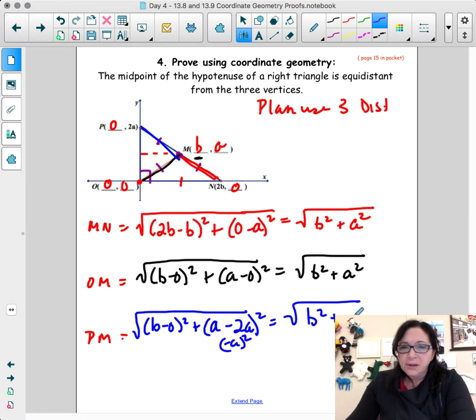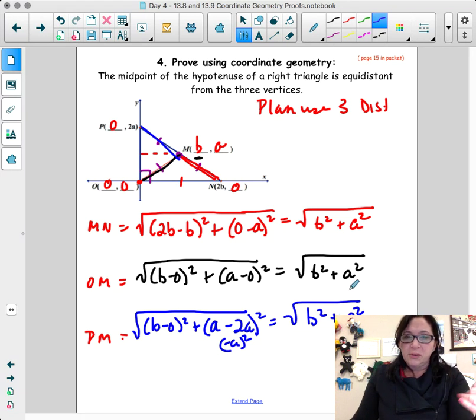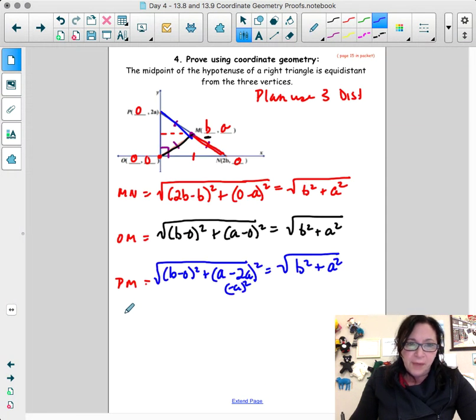Negative a squared is positive a squared. By the way, it's okay if a squared and b squared were in different orders, but that's how you do this. So therefore, we just proved that MN is congruent to OM, is congruent to PM.